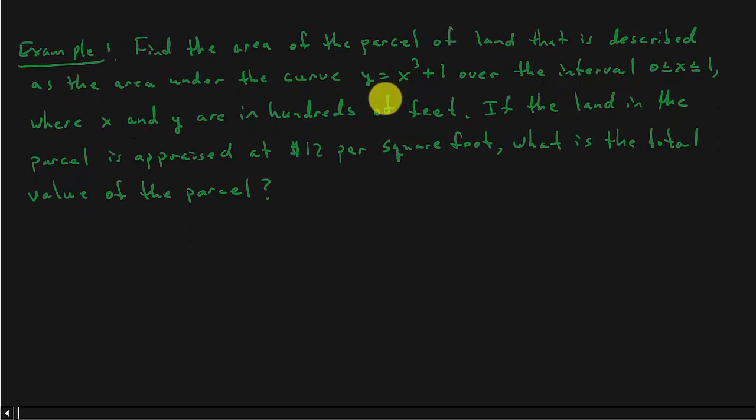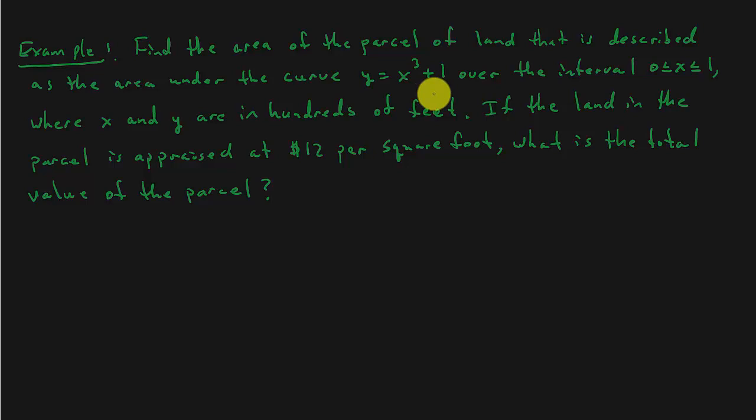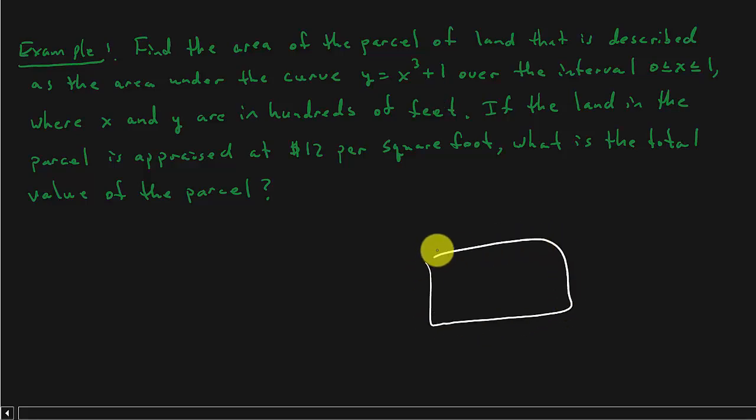All right, so what about this one? Find the area of the parcel of land that is described as the area under the curve y equals x cubed plus 1. Okay, that's how that area is described. Instead of having a rectangular area, this area looks like x cubed plus 1 from the interval 0 to 1.